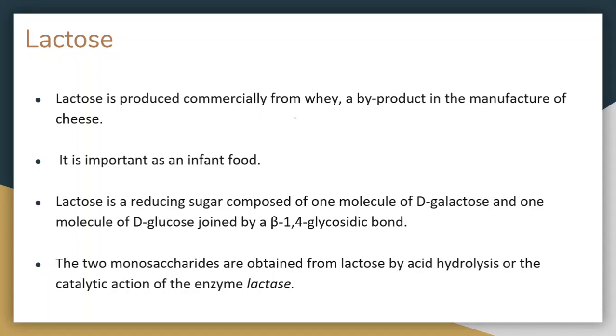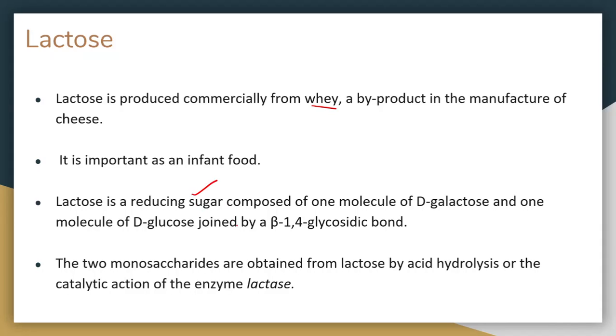Lactose is produced commercially from whey. What is whey? It is actually a byproduct during the manufacturing of cheese. It is very important as infant food because infants can digest it easily.